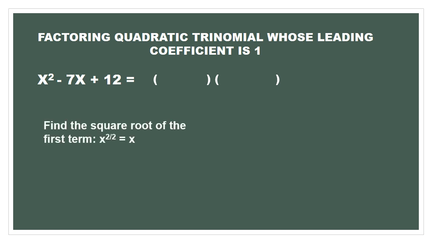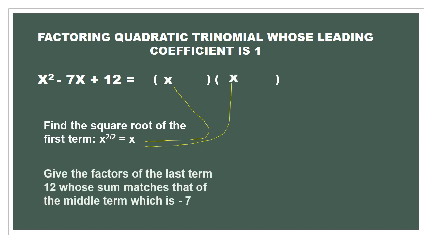Find the square root of the first term. We have x squared divided by 2. So, it is equal to x. Ilagay yung x doon sa first parenthesis at yung x naman doon sa kabila. Okay? Next, give the factors of the last term, which is positive 12, whose sum matches that of the middle term, which is negative 7.